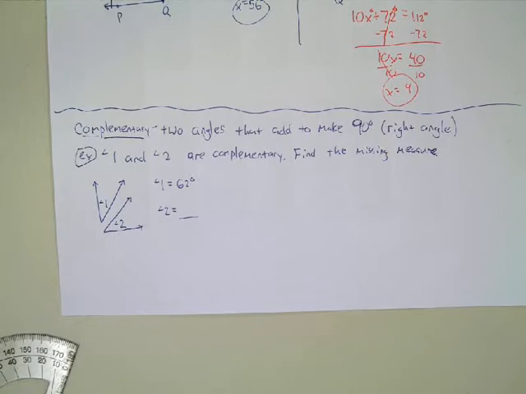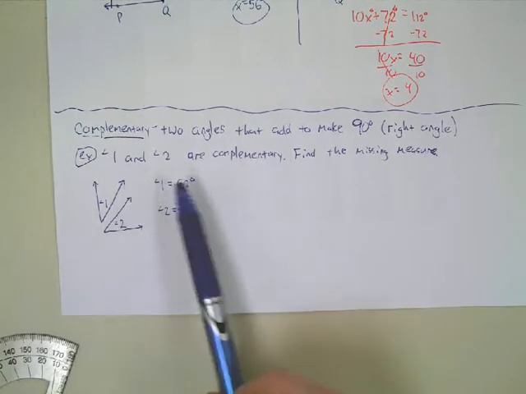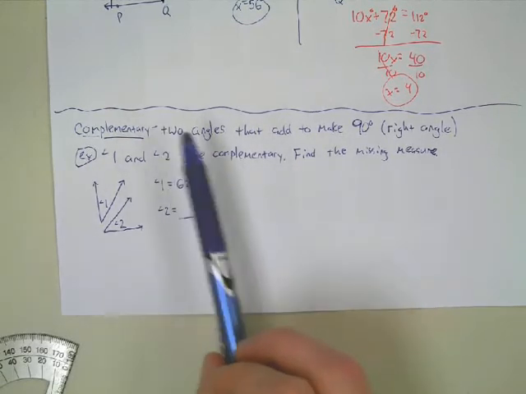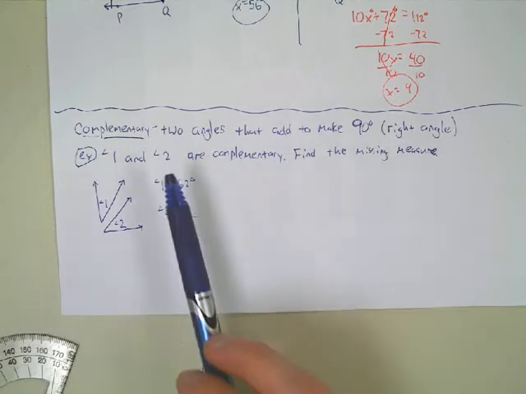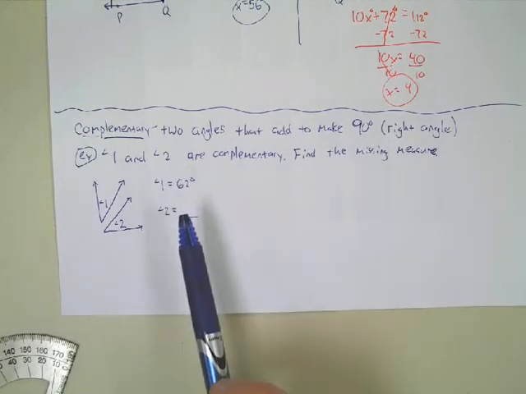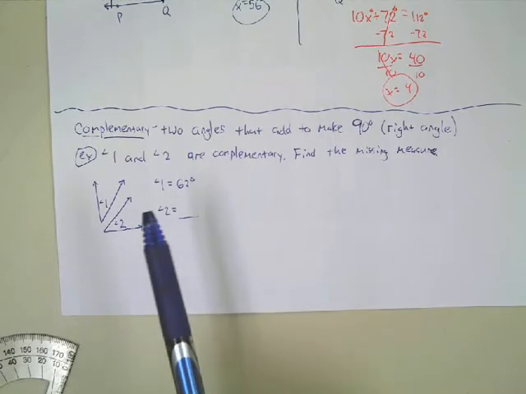All right. So, again, reading through here, angle 1 and angle 2 are complementary. We just heard that complementary means they add to make 90 degrees. We want to find the missing measure. So here we're told that angle 1 is 62 degrees, and we want to find angle 2. Remember, they're both complementary. So, Melissa, any idea here? What can we do to figure out what angle 2 has to be?